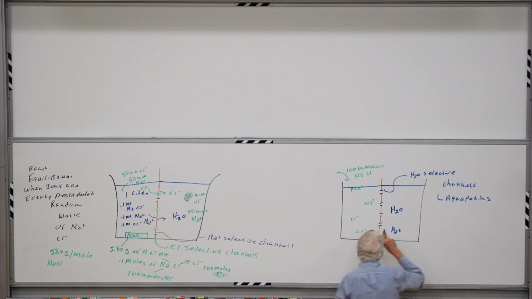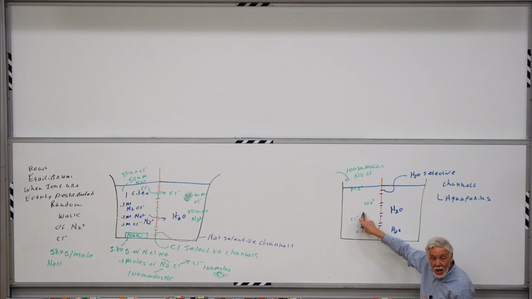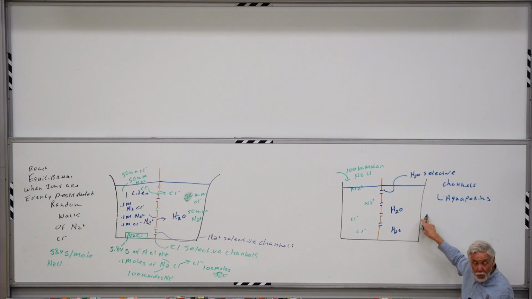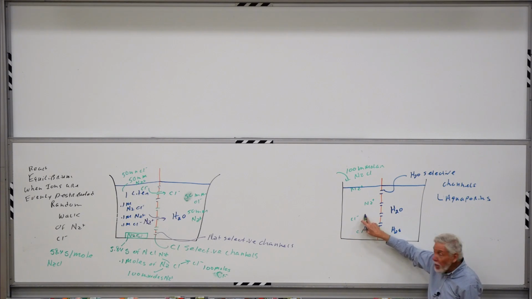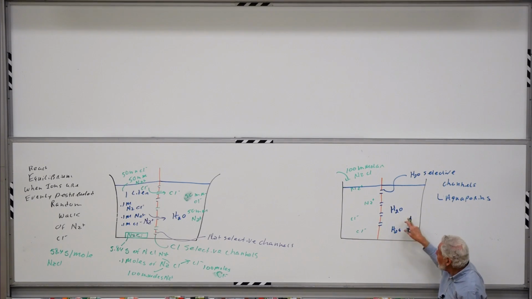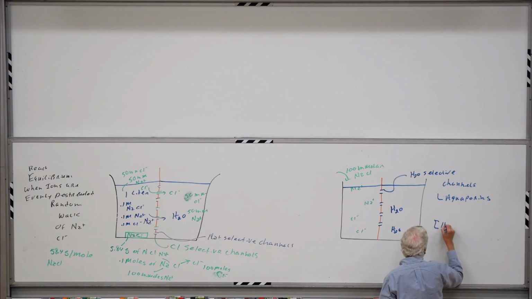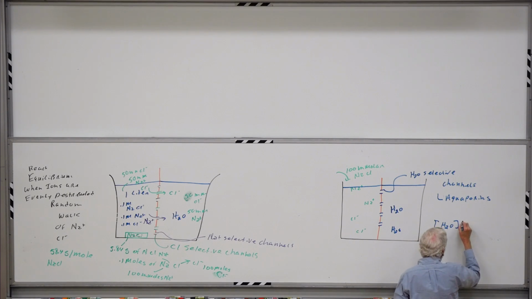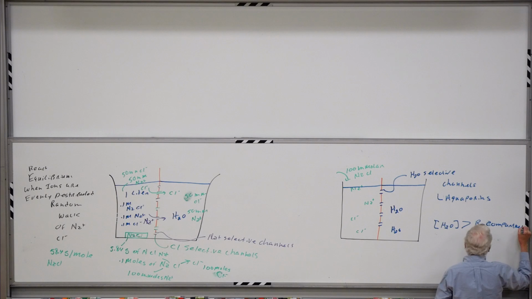That tells us that the water concentration on the right-hand side is going to be higher than on the left-hand side. So we can write this out as saying the H2O concentration is greater in the right-hand compartment than the left.